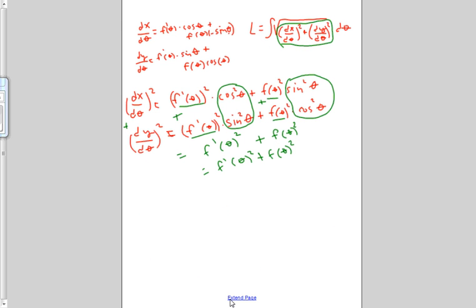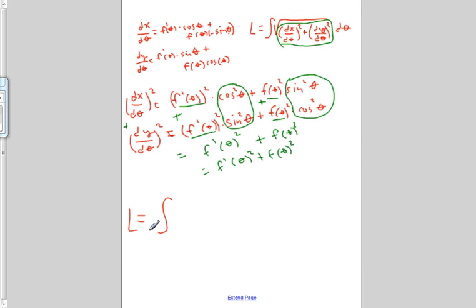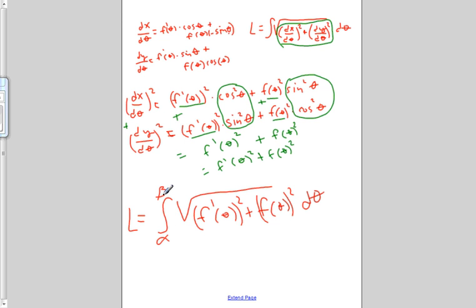The expression for L would be the integral of the square root of f prime of theta squared plus f of theta squared d theta from alpha to beta.